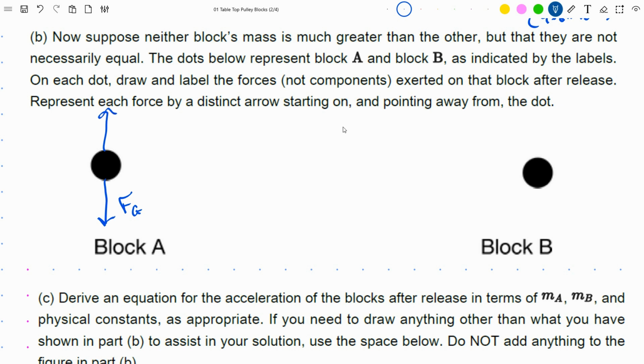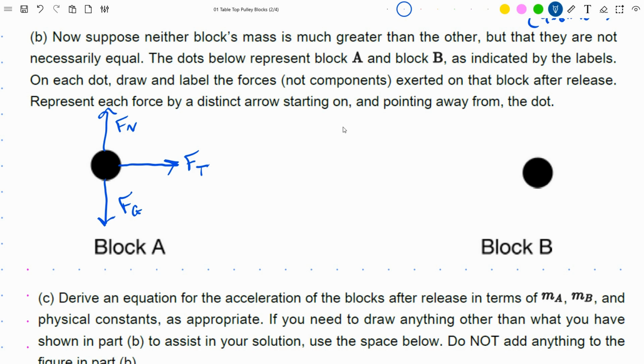Similarly, the upward force would be a normal force. My label for that is Fn for normal force. Both of these are quite common labels, so there'd be no problem with that whatsoever. Horizontally, there's also that tension force, so I'll sketch that in and label that Ft. And I think that's it for block A. Those three forces are present on block A.